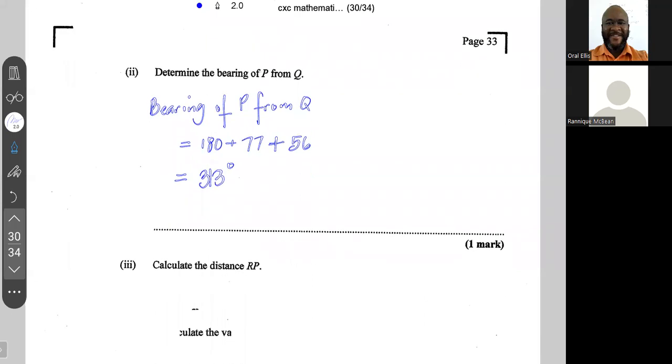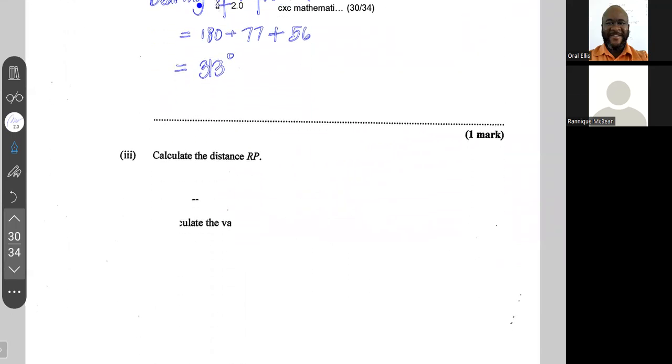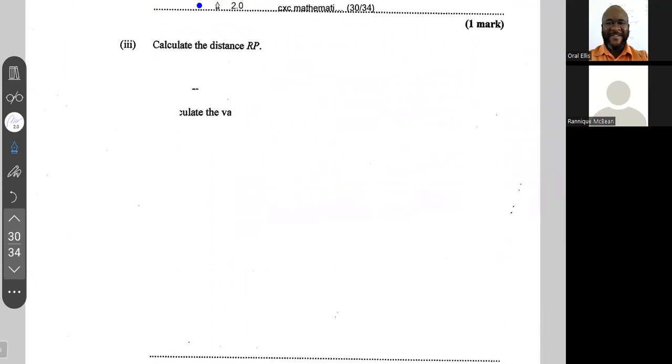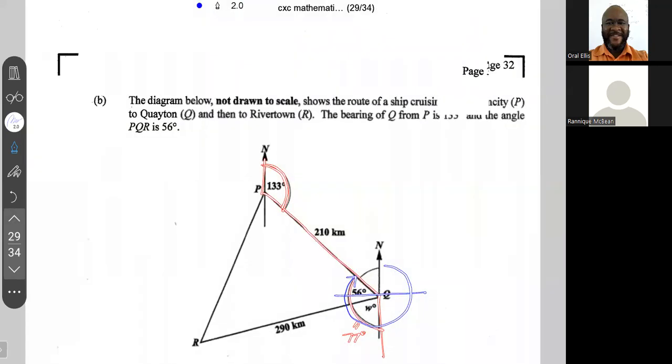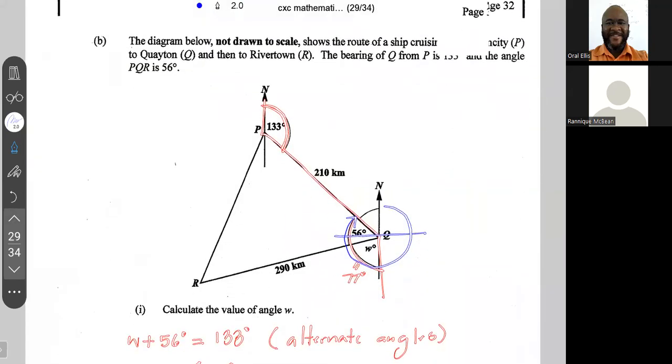313 degrees. Next, we need to calculate the distance RP. This distance here, I'm going to call it X. Now, looking at triangle PQR, I can easily see that it's a non-right angle triangle. I know the length of two sides.